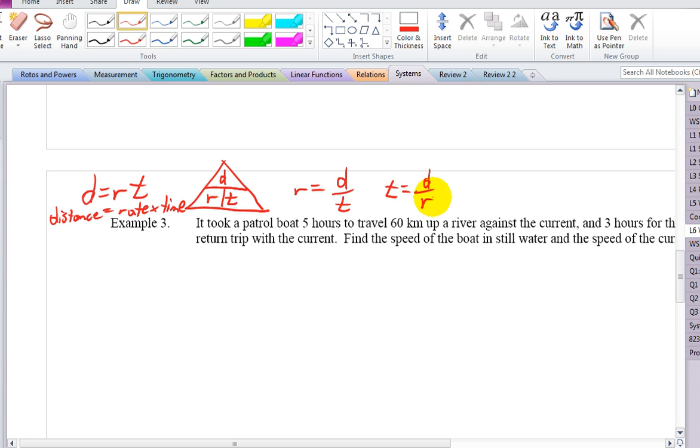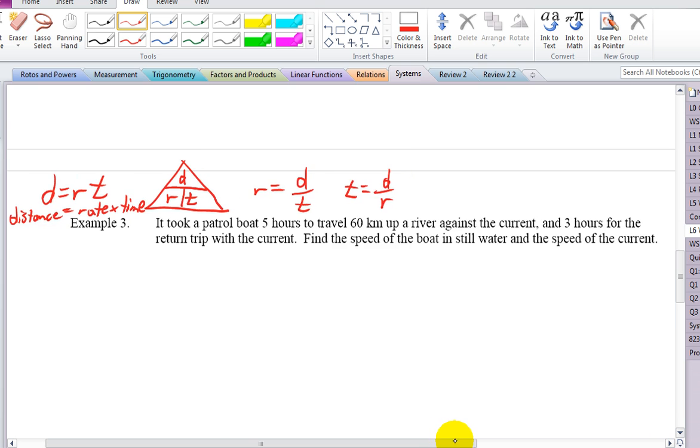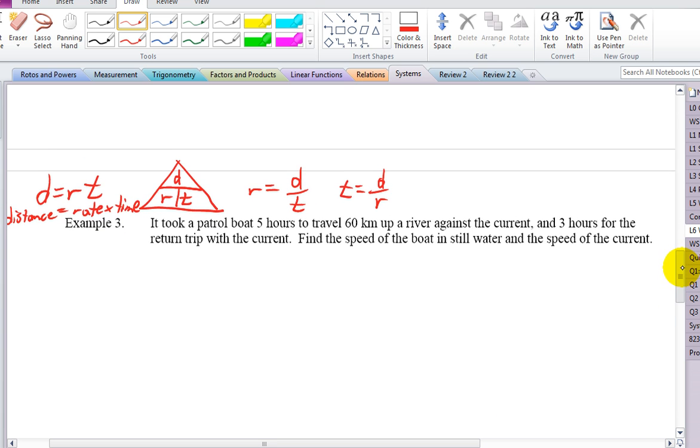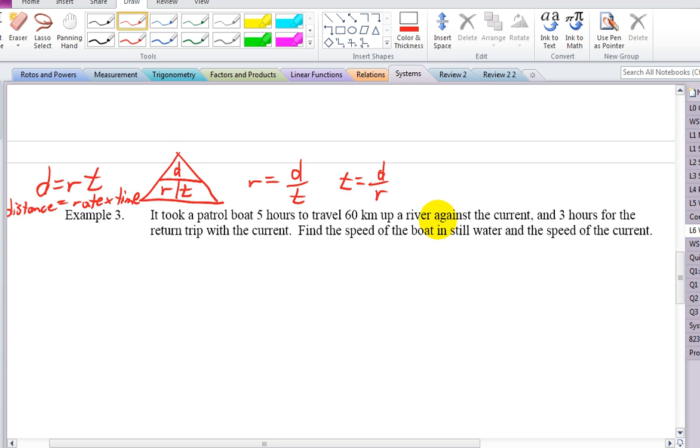All right. So here we're talking about a boat on a river. With the current, you would add the speeds. That's how it works. If you're traveling from Abbotsford to Langley on a boat on the Fraser River, you're going to be going really quickly because the river is going so fast and your boat's going fast.